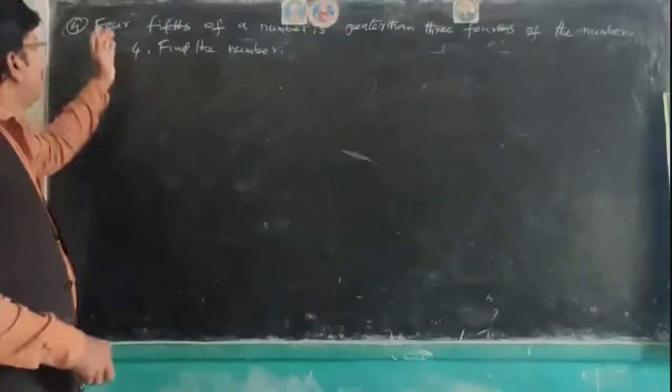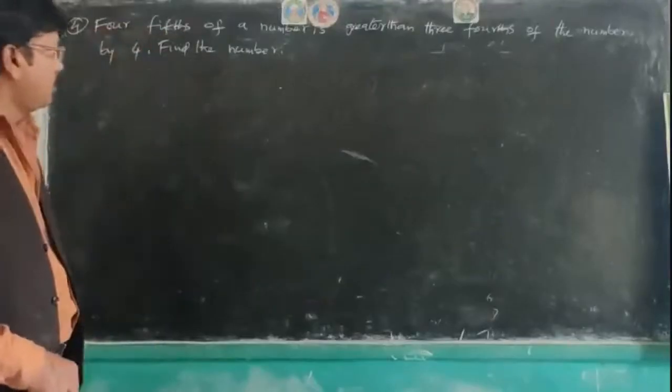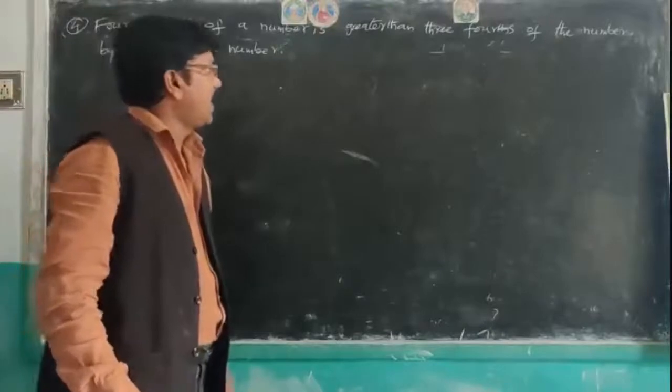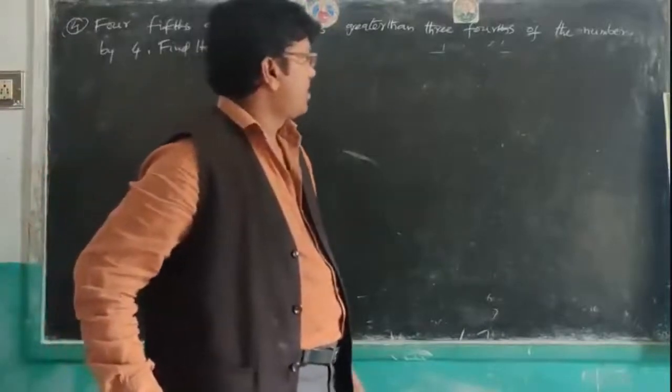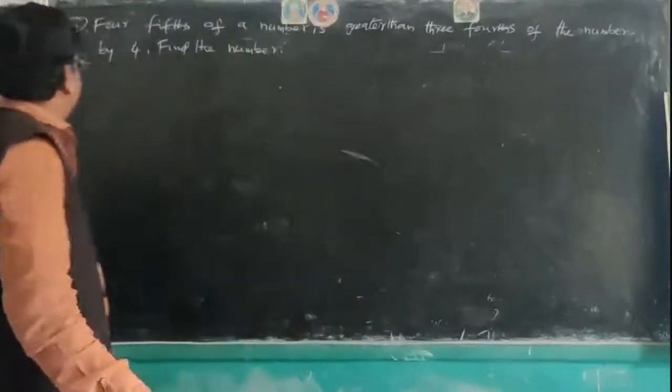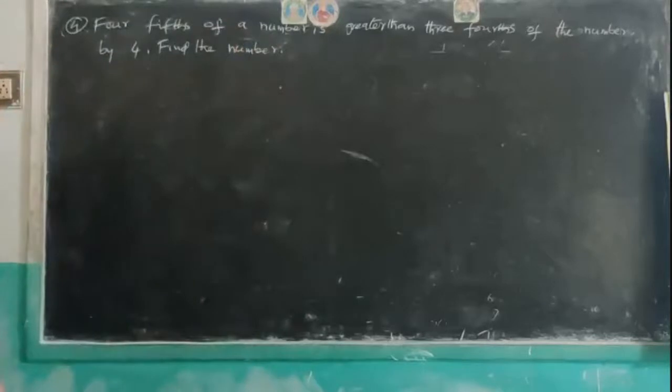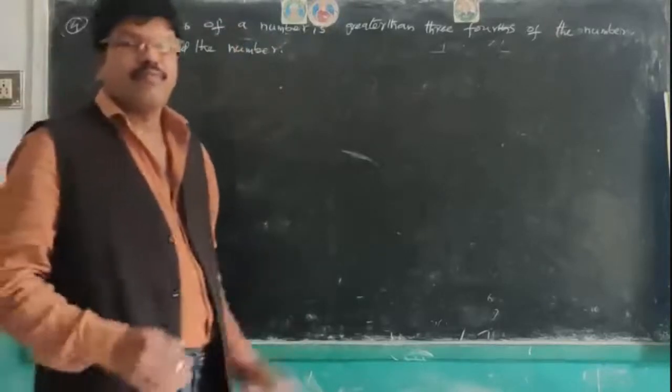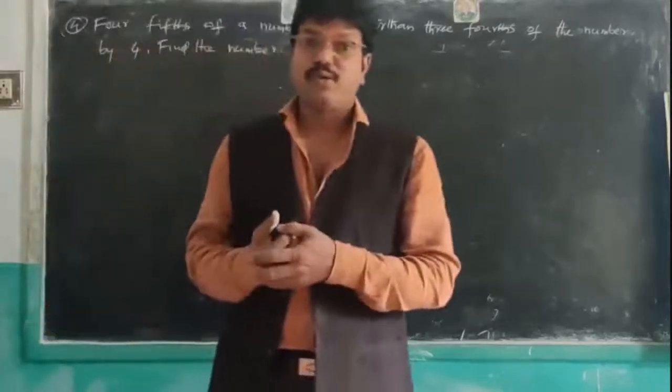Here, 4/5 of a number is greater than 3/4 of the number by 4. Find the number. We don't know the number.